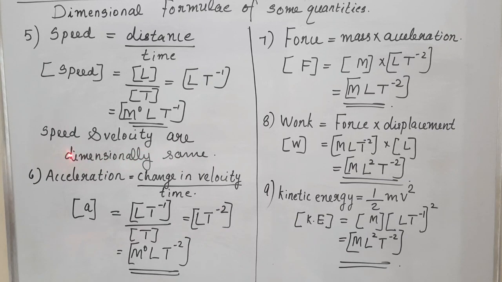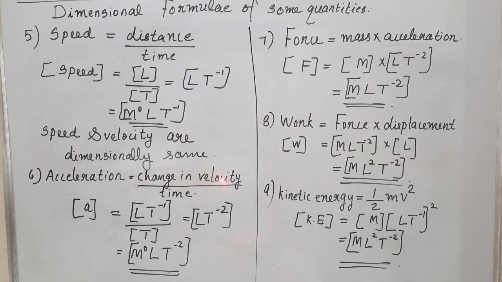That word dimensionally is very important because only dimensionally speed and velocity are same. Otherwise, speed is a scalar quantity and velocity is a vector quantity. So otherwise it is not correct. Dimensionally they are same.